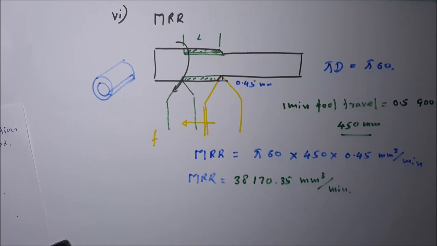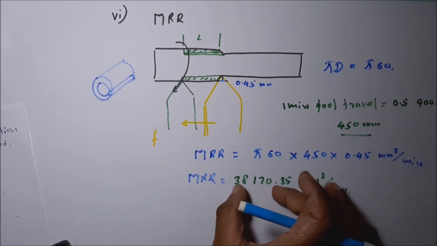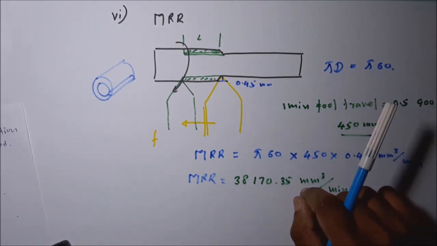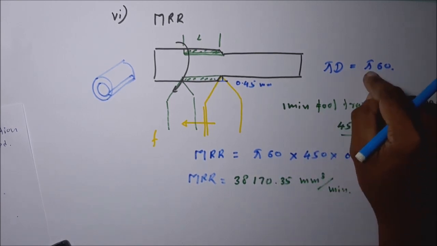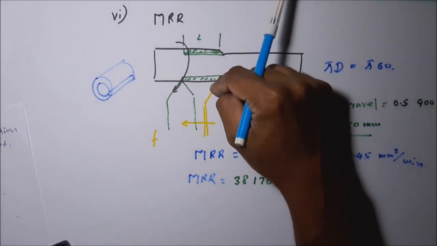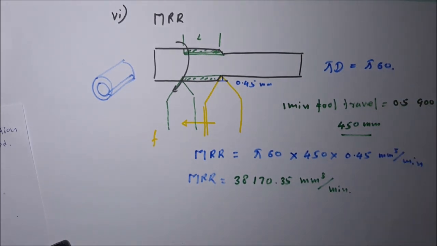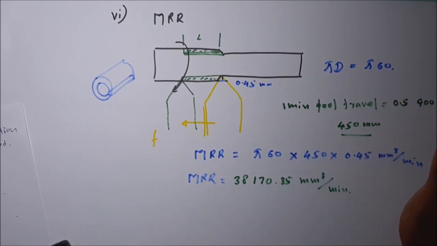This is the answer we are getting. What it means is, in a 1 minute period this much volume is removed from the workpiece. 5d, 0.5 into 900 rpm, 450. This is the volume of material removed per unit time.